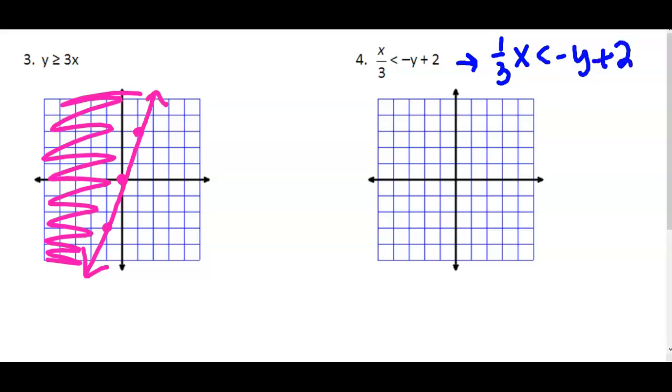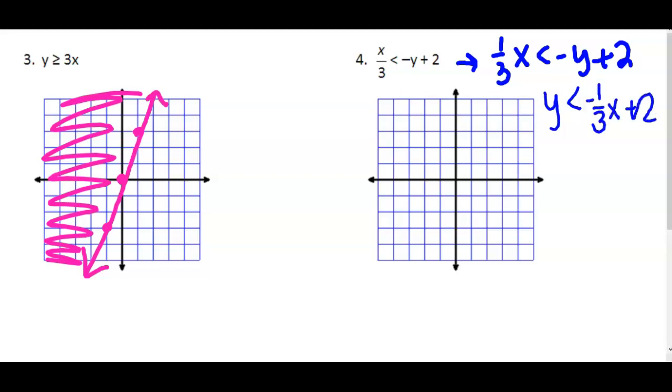Okay, so then what we're going to do is solve for y. In order to do that, I'm just going to switch the x and the y. So I'm going to add y to the left because y needs to be on the left, and subtract 1/3 x to the right. So I have y on the left and subtracting 1/3 x on the right.